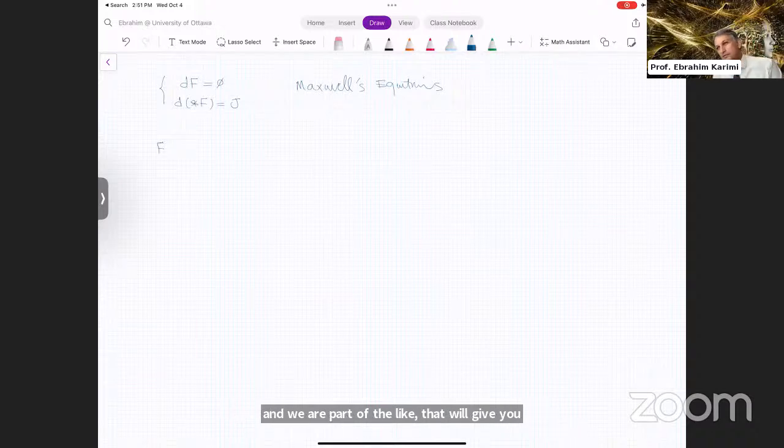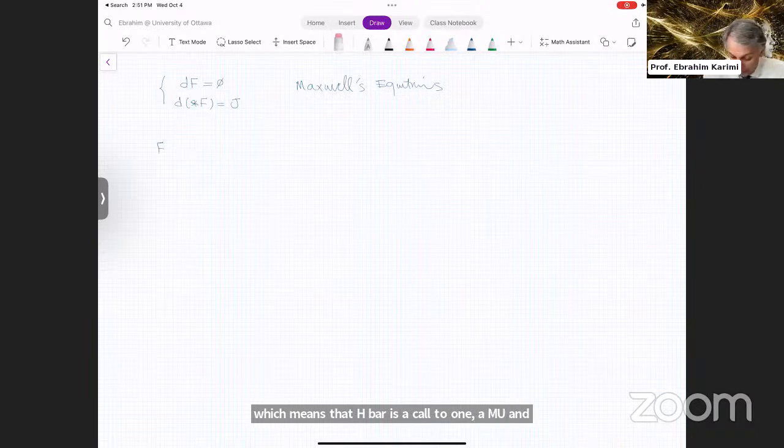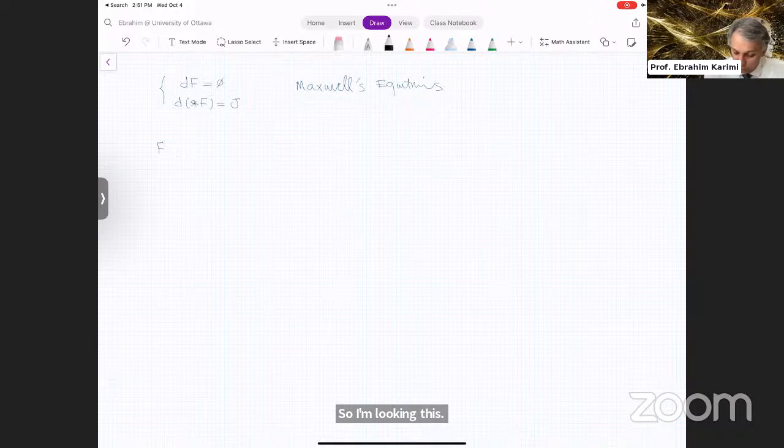It is the Riemann-Silberstein formalism. But anyway, going with stress tensors, essentially the electromagnetic stress tensor. I'm still working in natural units, which means that h bar is equal to 1, mu and epsilon are equal to 1, then c is equal to 1. This is just a matter of choice.